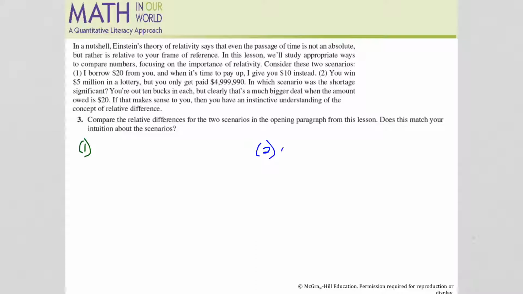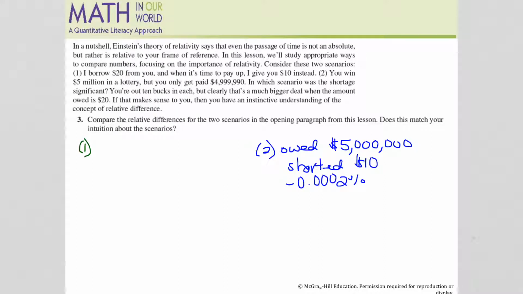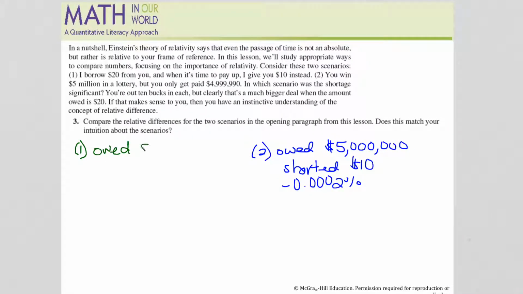In which scenario was the shortage significant? Okay, so in 2, we've already looked at you were owed $5 million, but you were shorted $10. And as a percent, we found that to be a very, very small percentage that we were shorted. But if I borrow $20 from you, then I owe you $20, right? But I only gave you $10, so again, I shorted you $10.